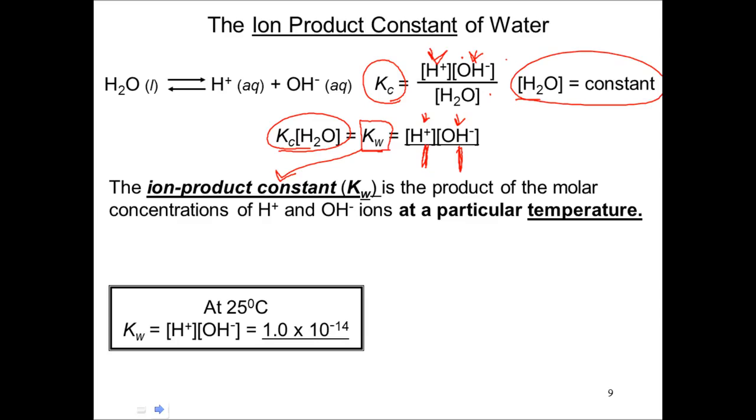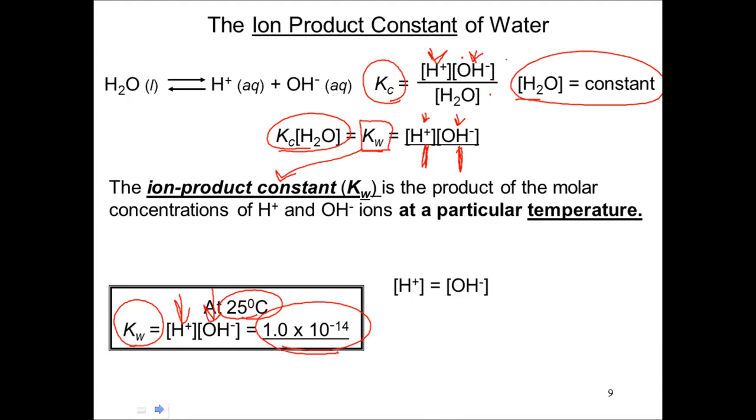At 25 degrees Celsius, Kw is going to be equal to 1 times 10 to the minus 14th, and that should start to bring back all kinds of thoughts about our pH scale and the number 14. But the hydronium ion concentration times hydroxide at 25 Celsius will be 1 times 10 to the minus 14.